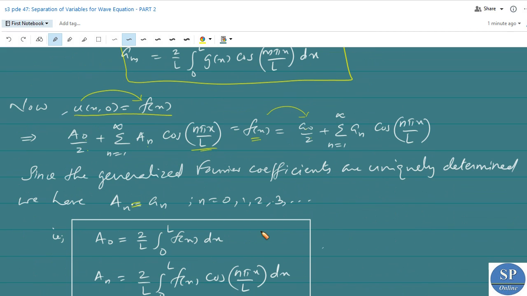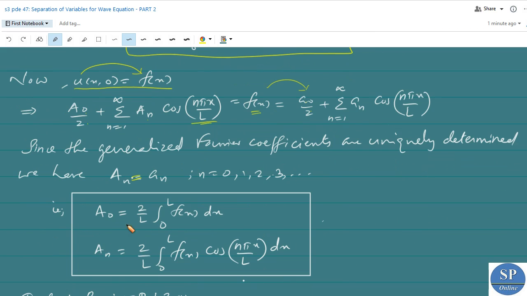So our required constants are given by these, which is the small a, right?